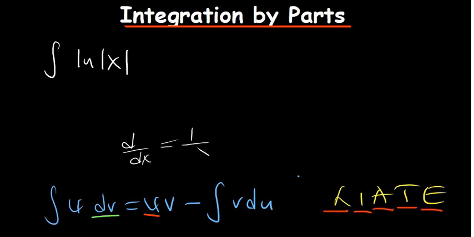Now, what's the integral? We use integration by parts as well. In this case, we take it as a product with 1, or we can just put dx. We're integrating with respect to dx.